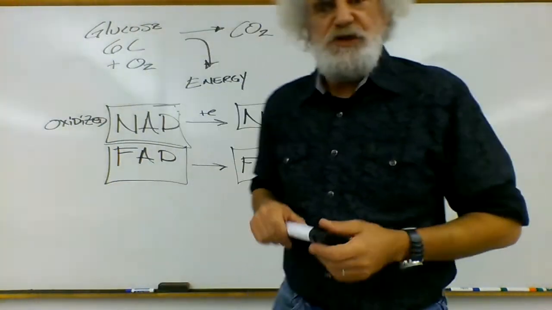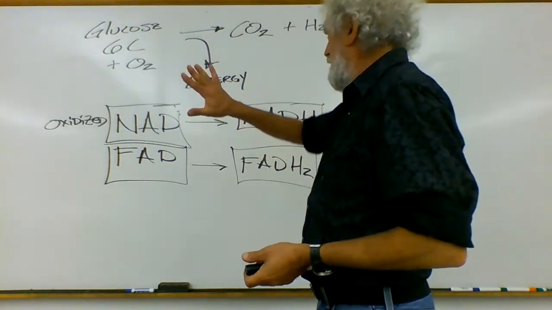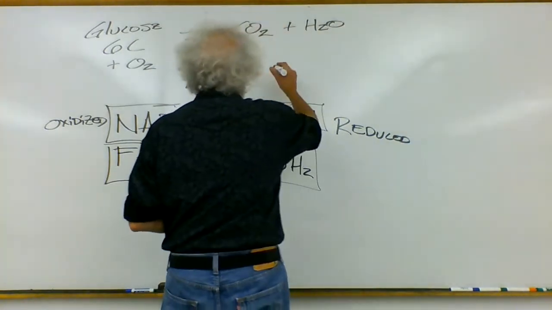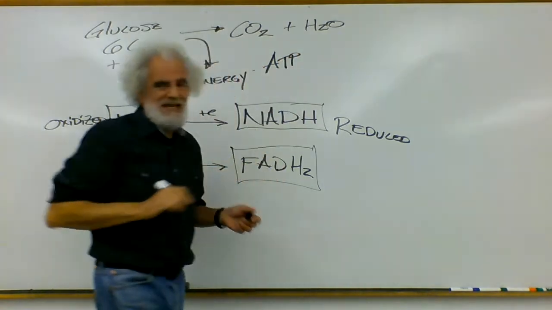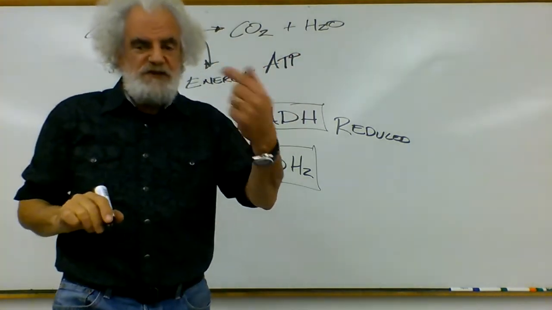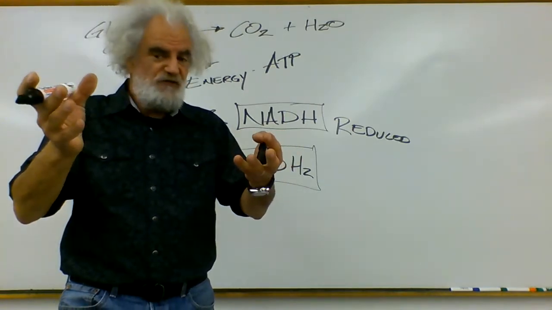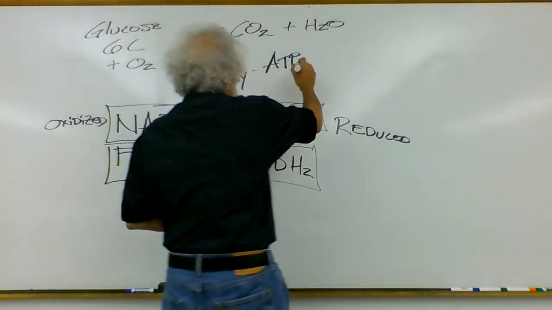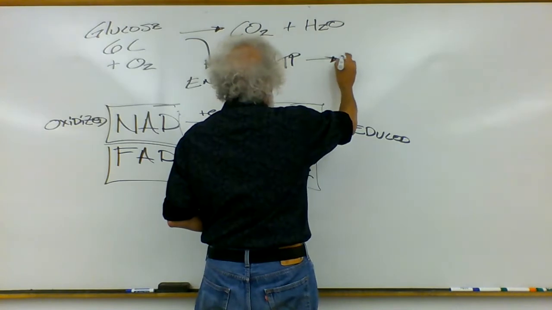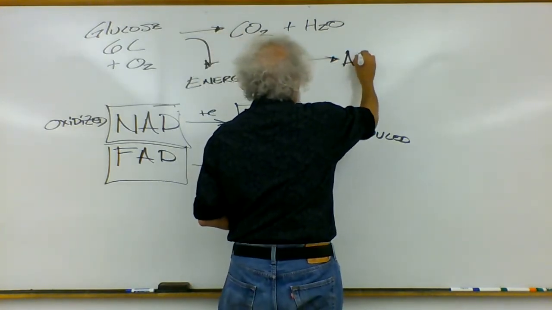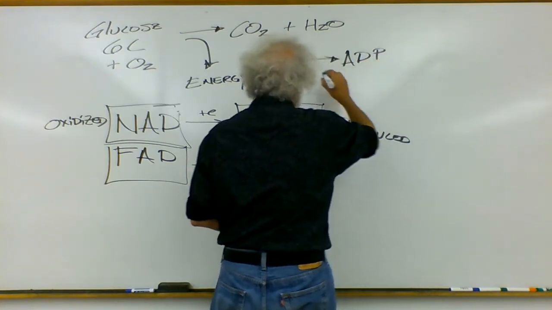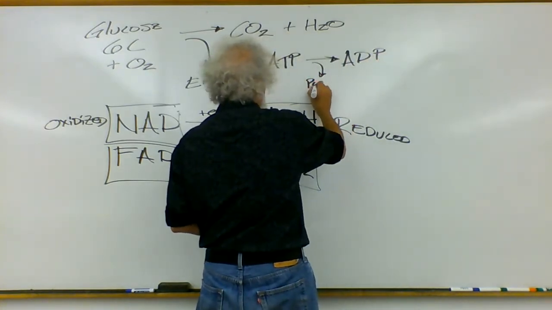Just as a way to, when we're talking about energy, we're talking about ATP. When ATP gives up one of its phosphates, like it's involved in a phosphorylation reaction, it is now written as adenosine diphosphate, ADP, and you have the phosphate coming out.